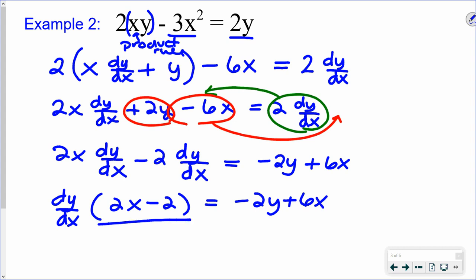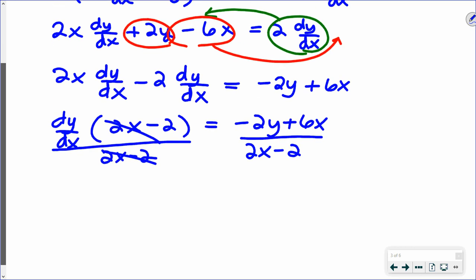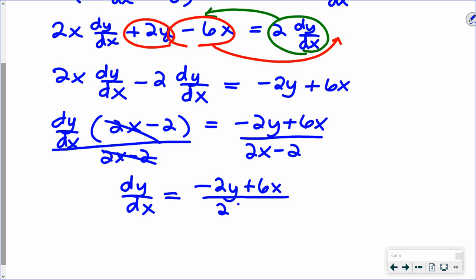And then we'll just divide by the 2x minus 2 on both sides. And we will have our answer, dy over dx equals, and I'm noticing, okay, well, I'm just going to bring it all down, but I'm noticing we could do a little simplifying here. Because I'm noticing we can factor out a 2 from the numerator.